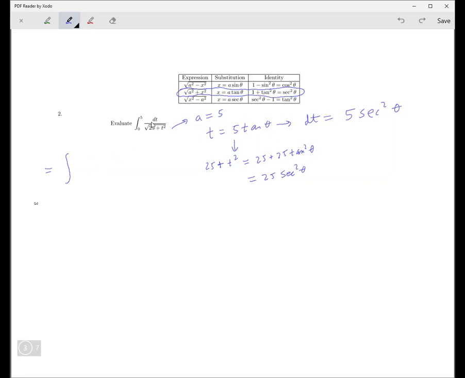Okay, so dt will be 5. Oh, d theta. Okay, so this dt gets replaced with 5 secant squared theta d theta. And then down here we have the square root of 25 plus t squared, which is 25 secant squared theta. And that's from t going from 0 to 5.